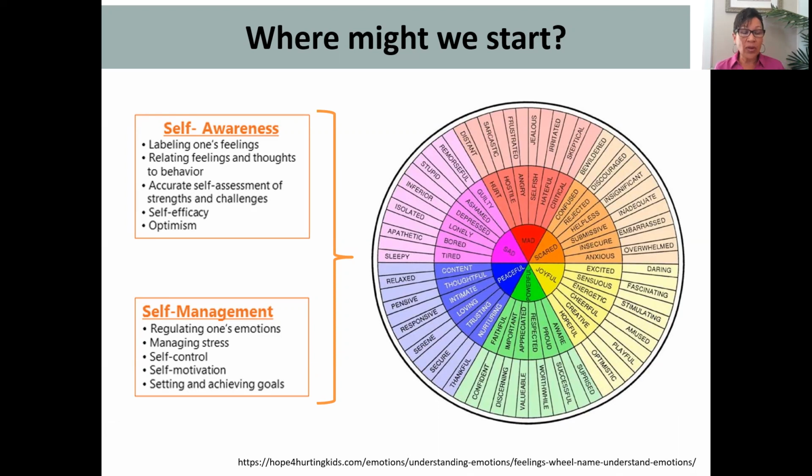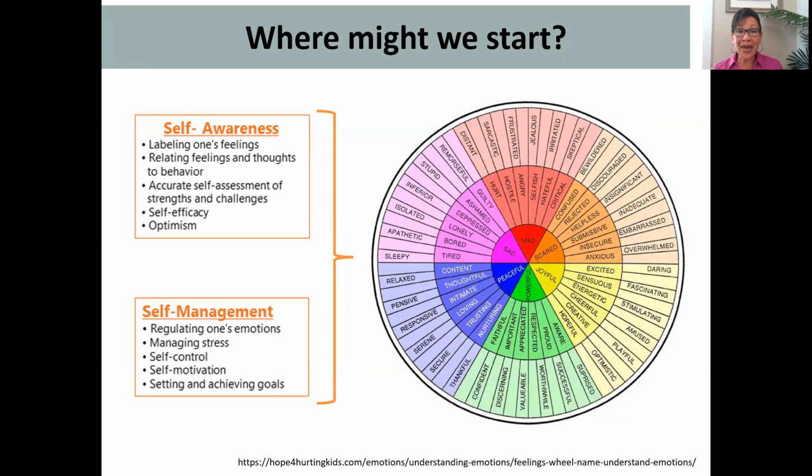So where do we even start with this? Well, let's start at the beginning. We have to really start with ourselves, and our students need to do the same thing. So we start with that self-awareness piece and the ability to recognize what our feelings are and to label them. And really this goes beyond those basic feelings like I'm mad or I'm sad or I'm happy. So take a moment to look at this graphic because it's important to dial down to what that base emotion, what that true emotion is.